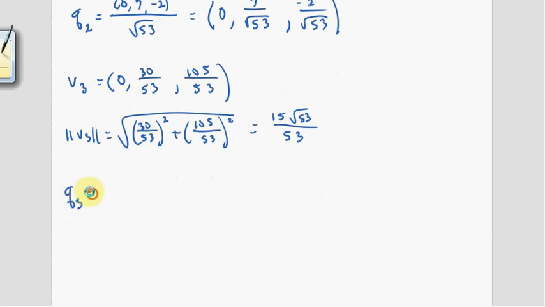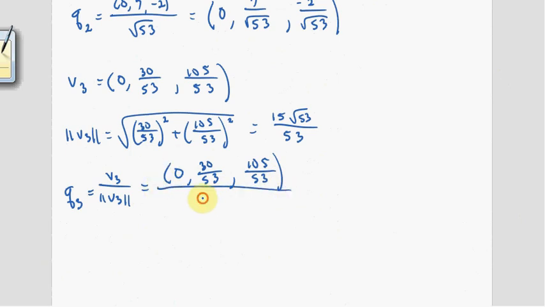Q sub 3. That's going to be V sub 3 divided by the norm of V sub 3. So V sub 3 is 0, 30 over 53, 105 over 53, divided by 15 times the square root of 53 over 53.